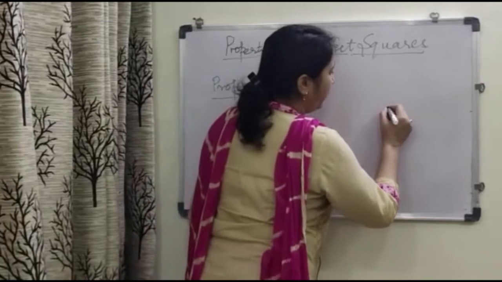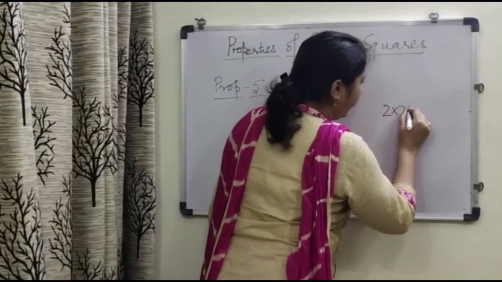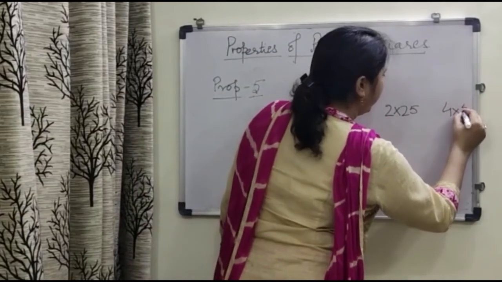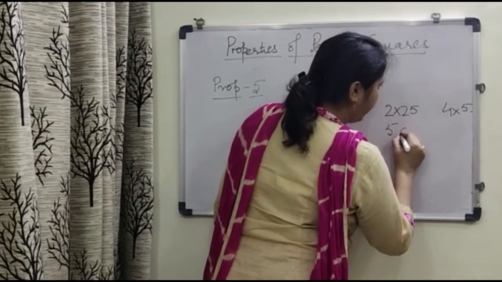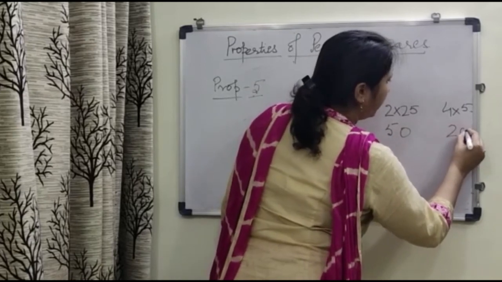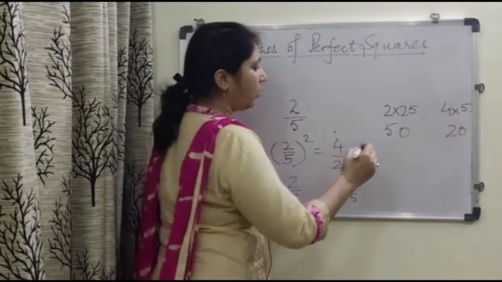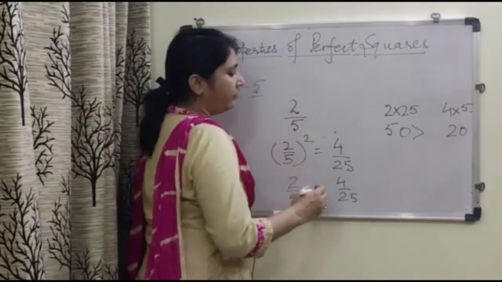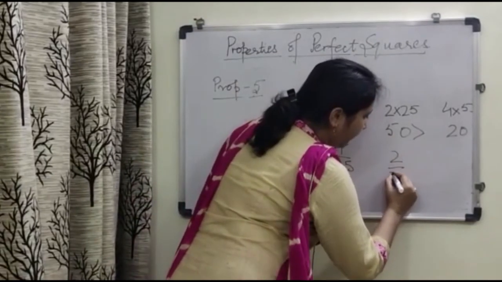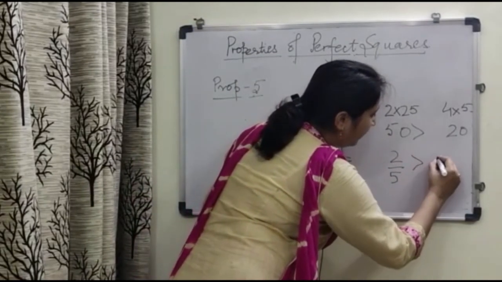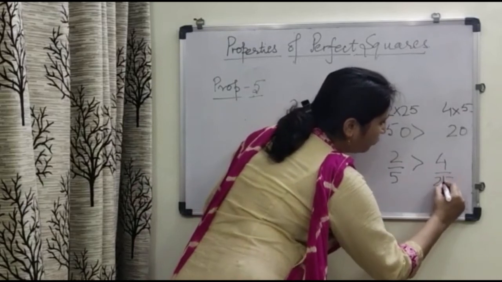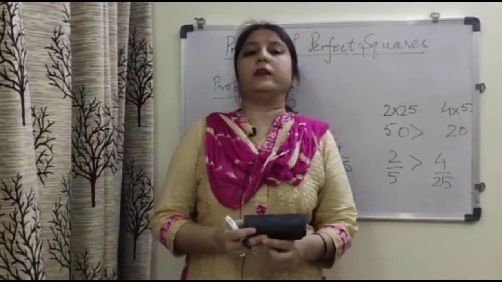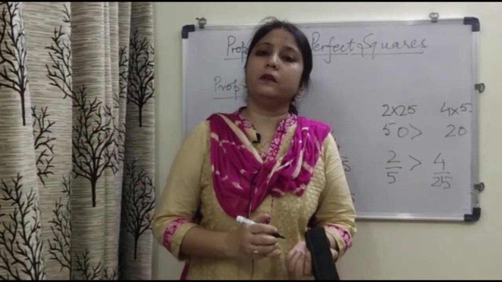So 2 into 25, and on the other side we have 4 into 5. This side we have got 50, this side we have got 20. Which one is greater? Obviously 50 is greater. 50 is on the side of 2 by 5. That means the fraction is bigger than its square. So we have concluded that a proper fraction is always greater than the square of itself.